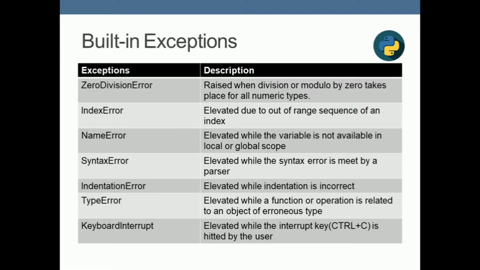SyntaxError is raised when there is a syntax error. IndentationError is raised while the indentation is incorrect. TypeError is raised while a function or operation is applied to an object of an inappropriate type. And KeyboardInterrupt is raised when the interrupt key Ctrl plus C is hit by the user, which usually kills a program.